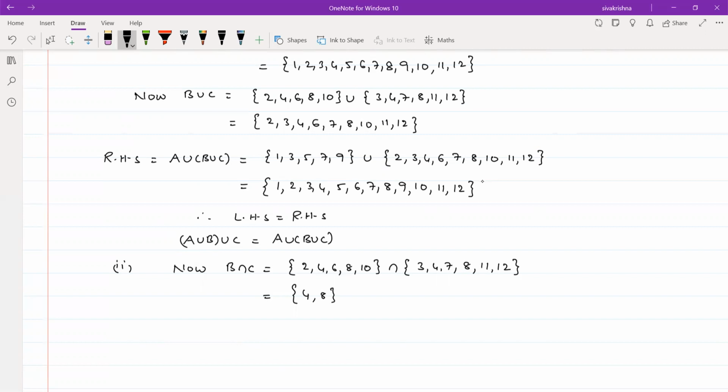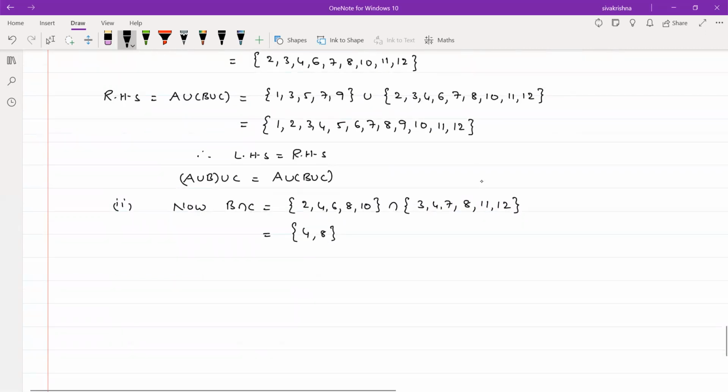Next, coming to the LHS value in the second bit. I am finding the LHS, that is A union of B intersection C. This is equal to, once again we have to write the set A. Here A is 1, 3, 5, 7, 9, union, and B intersection C is 4, 8.